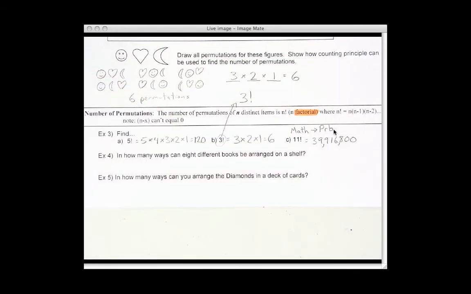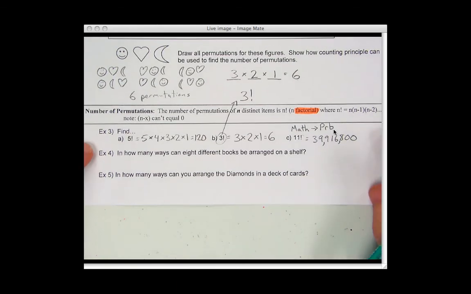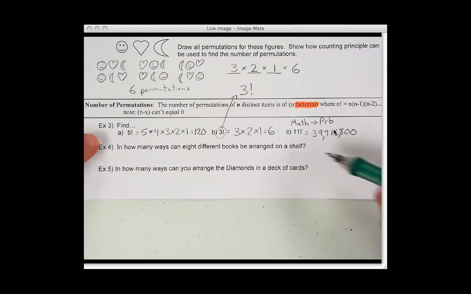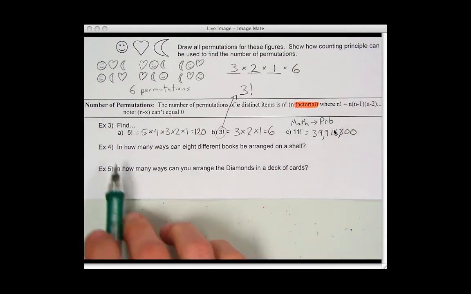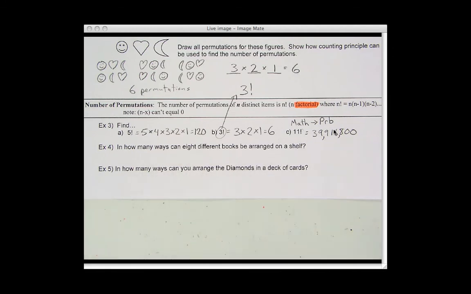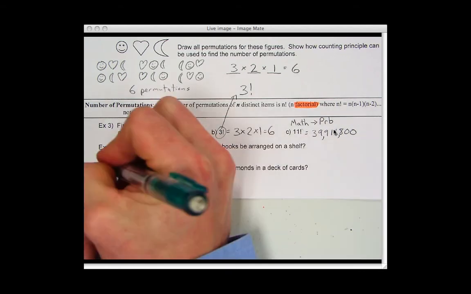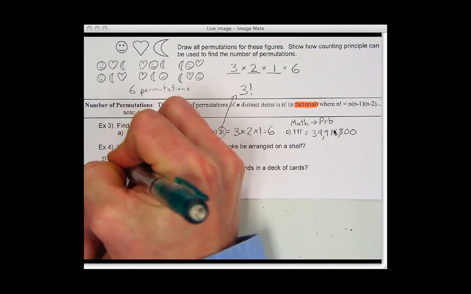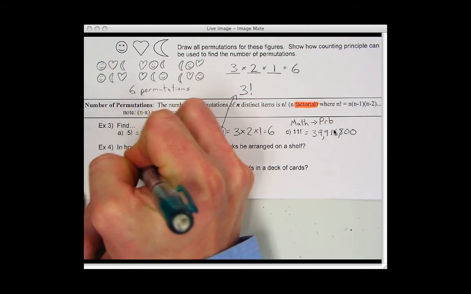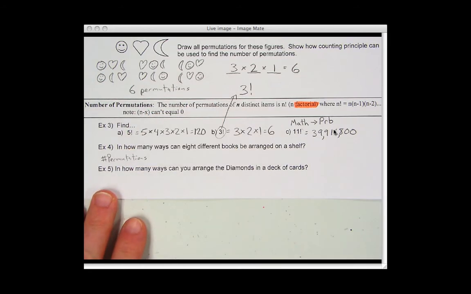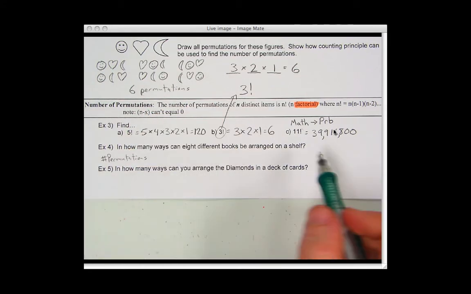So, how can we use this to answer our fundamental counting principle questions? It says, how many ways can 8 different books be arranged on a shelf? So it's asking for the number of permutations. Okay, now there's nothing special about this.